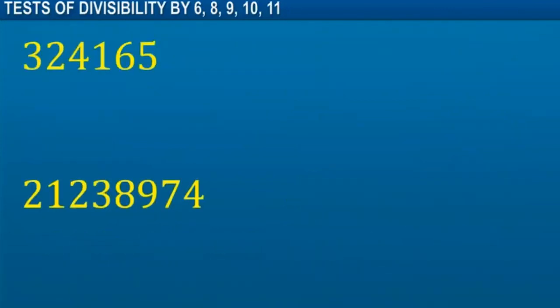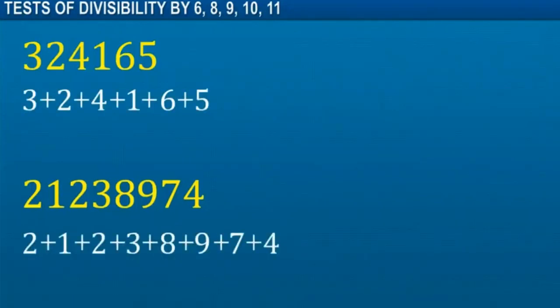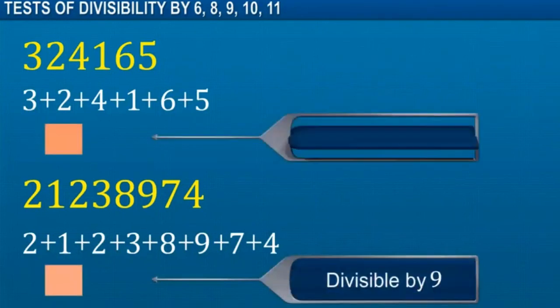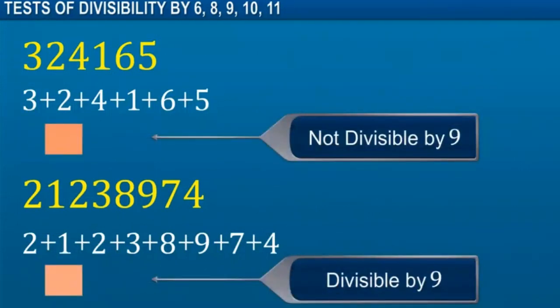Thus, to test divisibility of a number by 9, find the sum of its digits. If the sum of the digits of the given number is divisible by 9, then the number is divisible by 9, otherwise not.